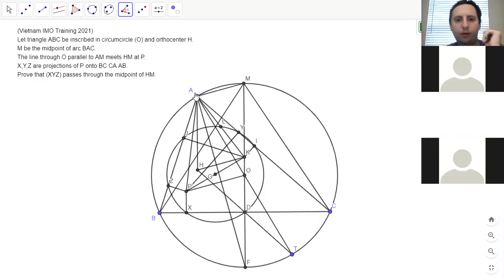Yeah, I see what you're saying, because L would be the midpoint of AK and O is the midpoint of AT.